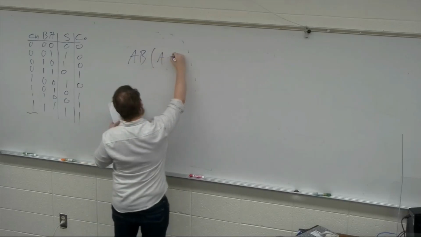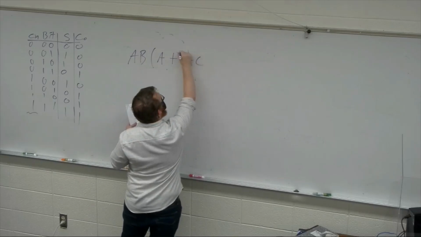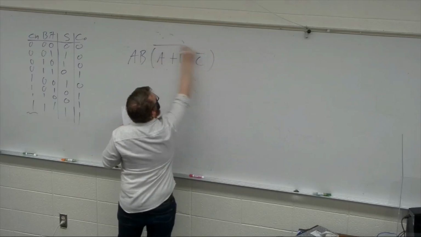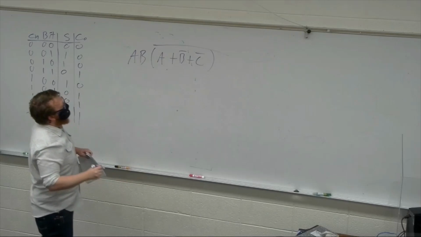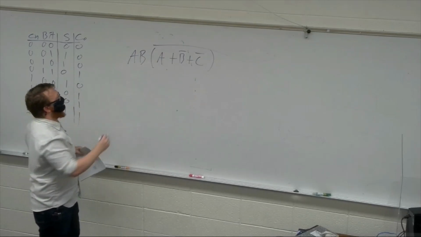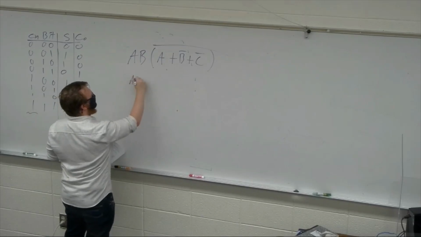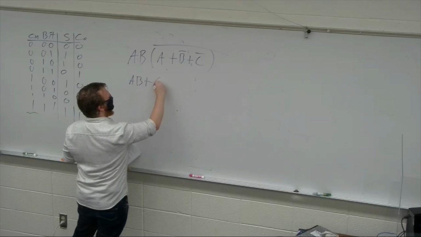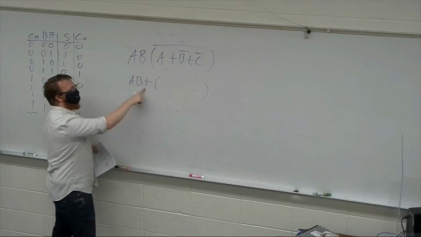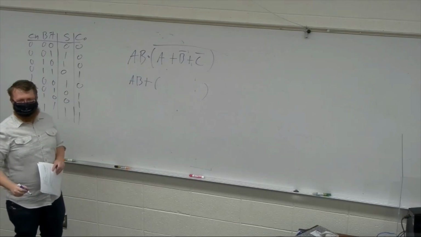In the second term of that De Morgan's, for some reason, the first step that a solid third of everybody did was this, and they treated this as if it was inside the bar.